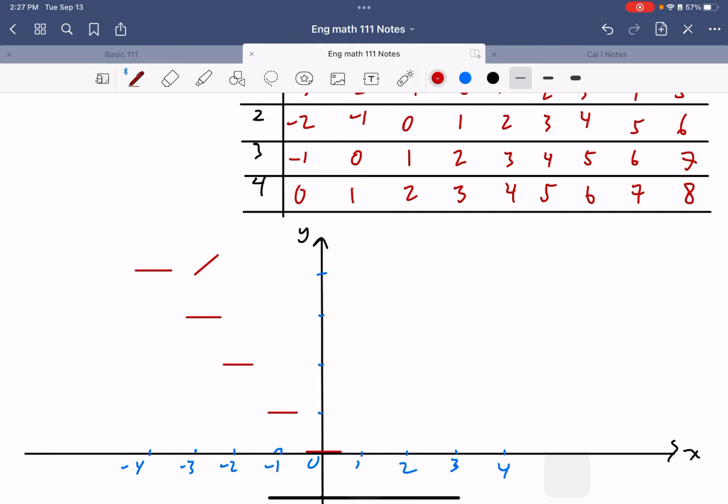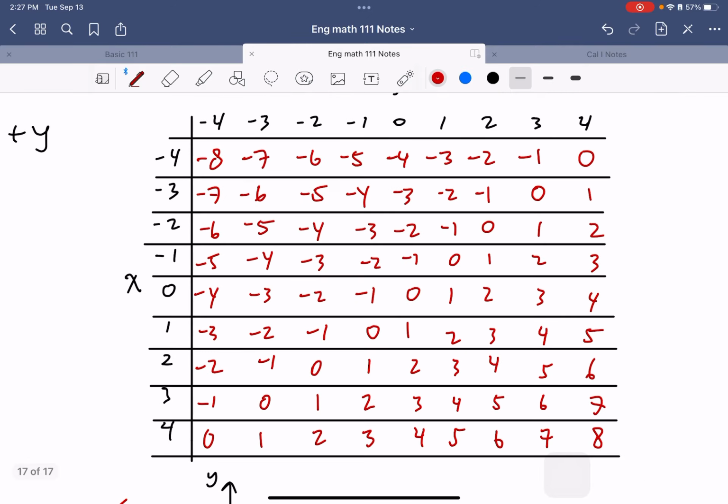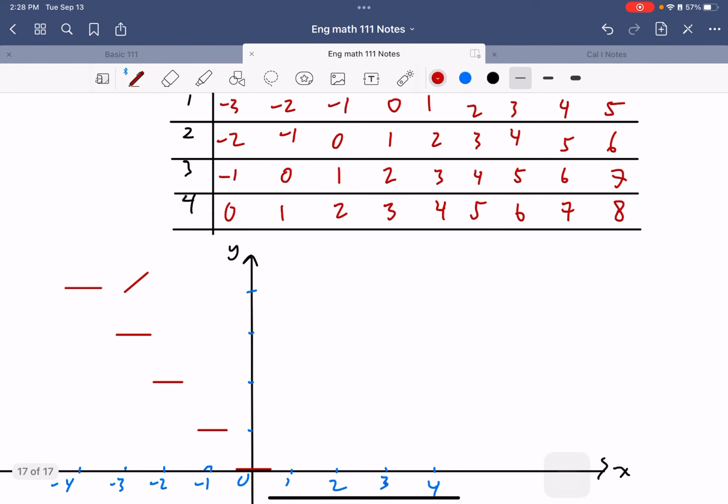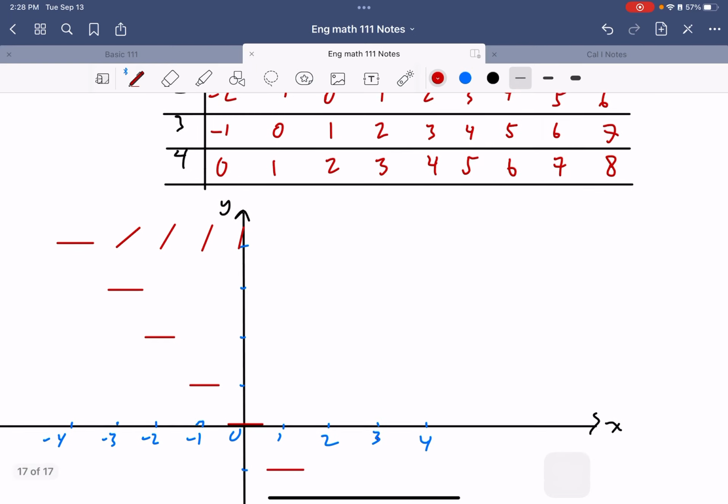And then increasing, -2 becomes, with the same 4 here, this became 2, 3, 4, 5, 6, 7, 8. Go to the horizontal one. So we need to make it a little more steep. Okay, I think I need to make it more clear.